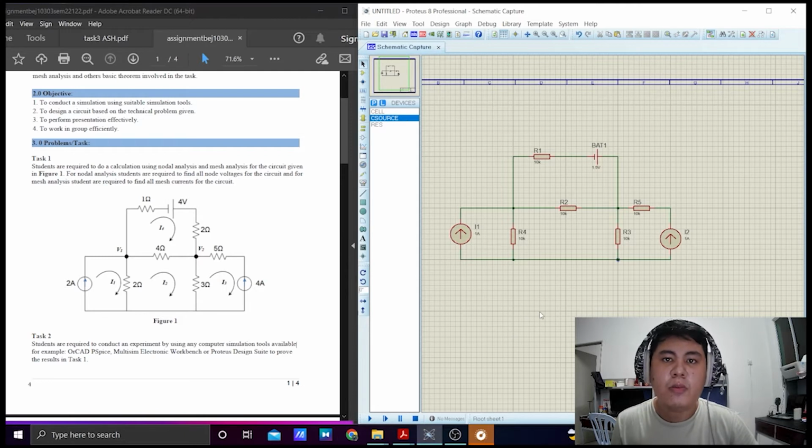Next, we are going to put the values of our question into the Proteus software.